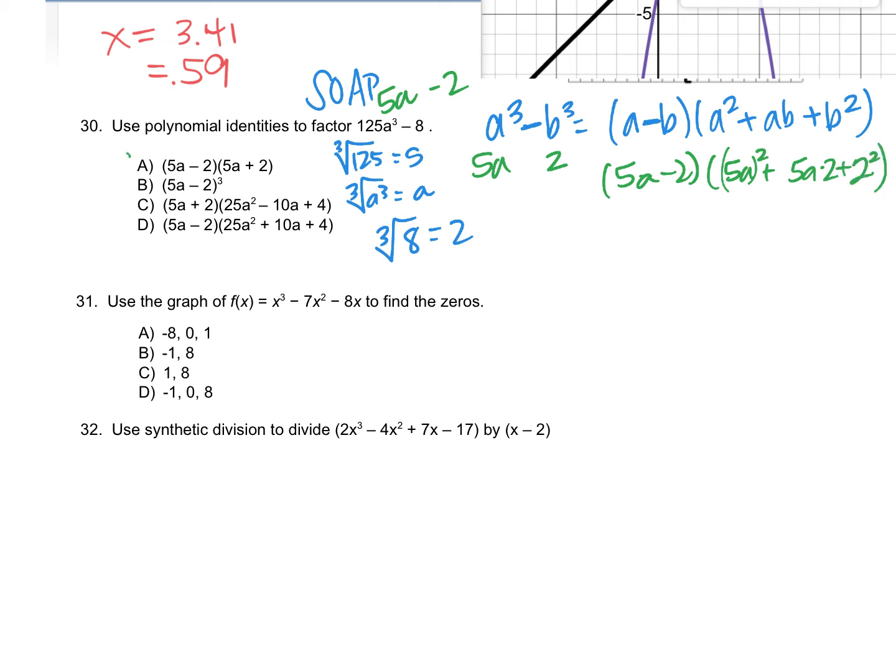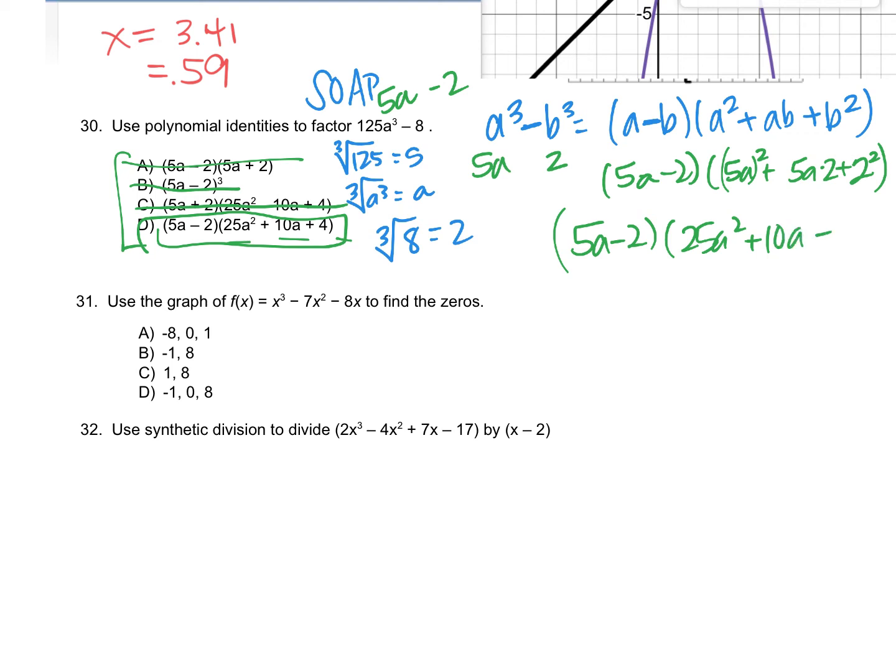Well, none of the answer choices look like that. I can automatically eliminate this guy because it has a plus in the beginning, and this guy because I got more than that. And hey, maybe I don't even have to simplify. It looks like D is going to be the right choice because it's at least got a trinomial. So if I did simplify, it would be 5a minus 2 times 25a squared plus 10a plus 4, which matches.